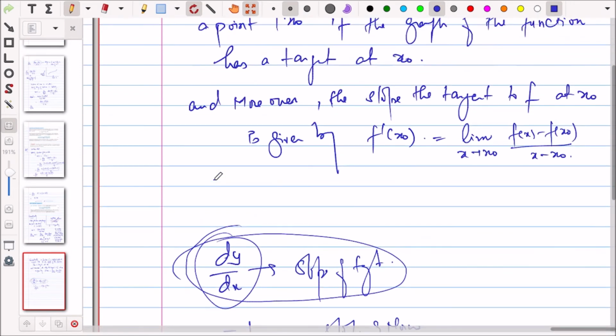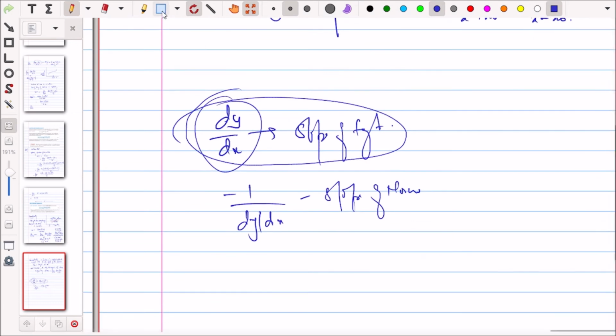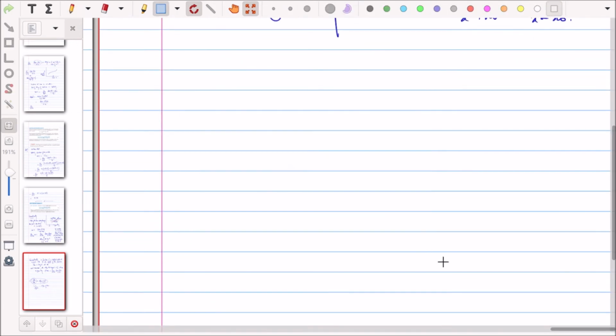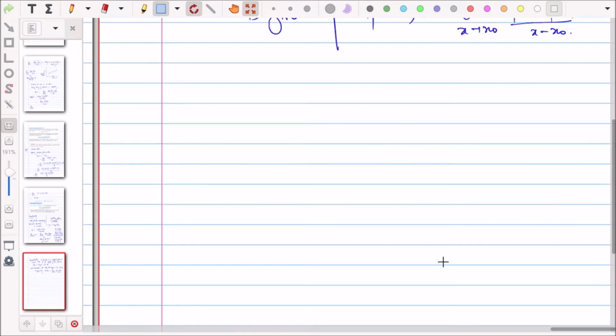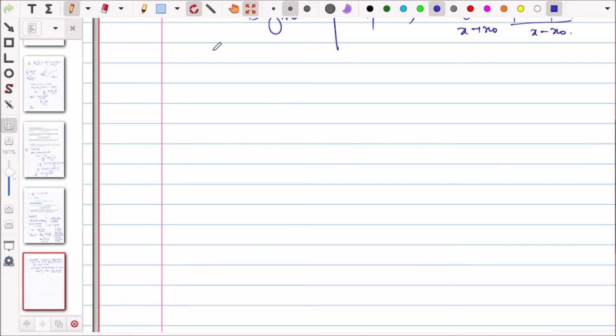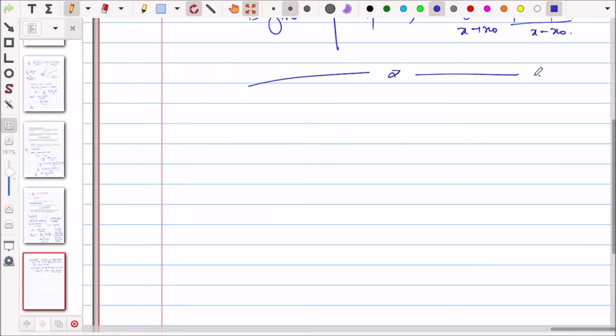So ये इसी से ही आता है, ये geometrical interpretation से ही आता है. Is it fine everyone? So geometrically, if the function has a tangent at some point, then you can say that the function is differentiable at that point, and the slope of the tangent to f at x naught is the value of the derivative at that point. Is it clear? Yes.